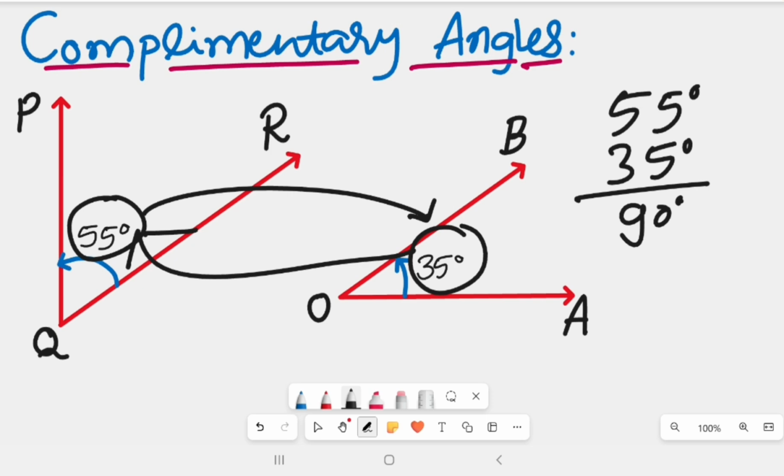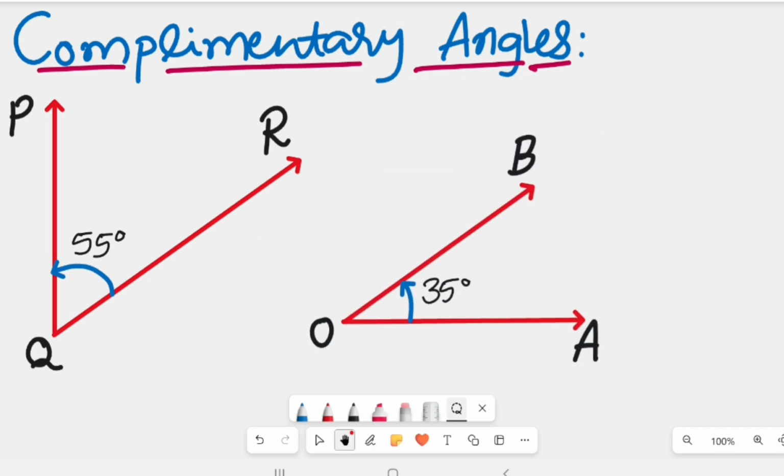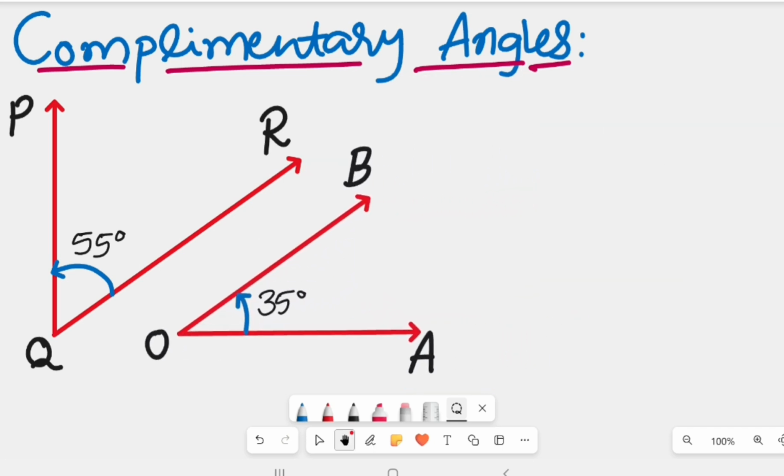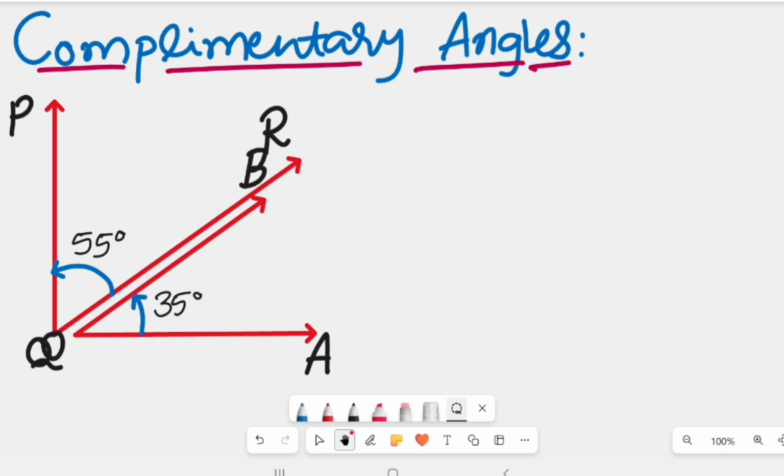Okay, let us try to join the angle AOB and PQR and check whether it will be 90 degrees or not. Here, as you can see, I am trying to join the angle AOB to PQR.